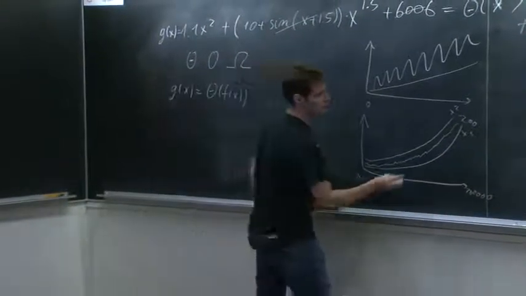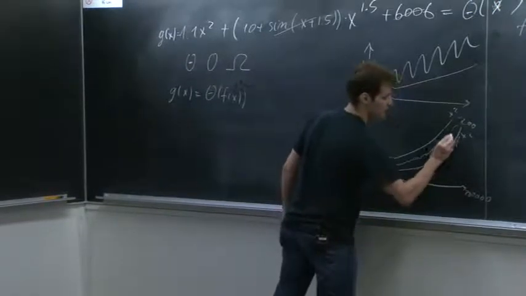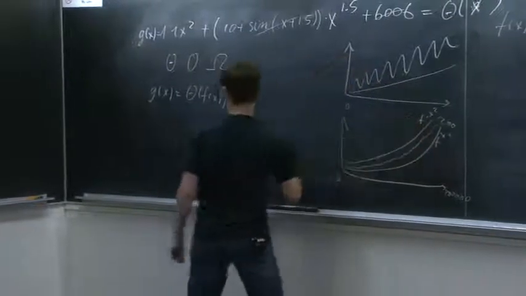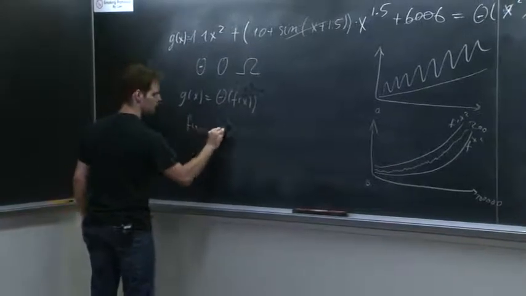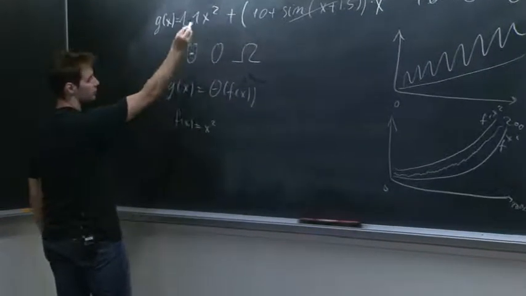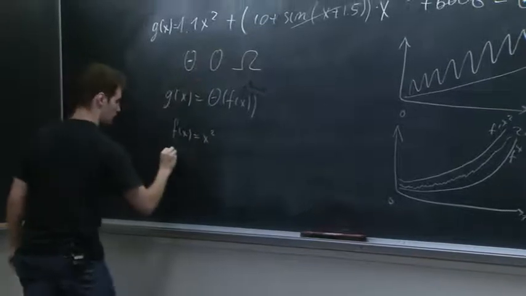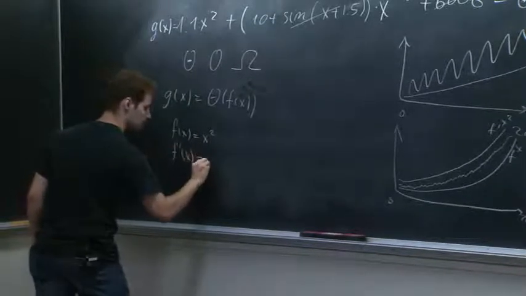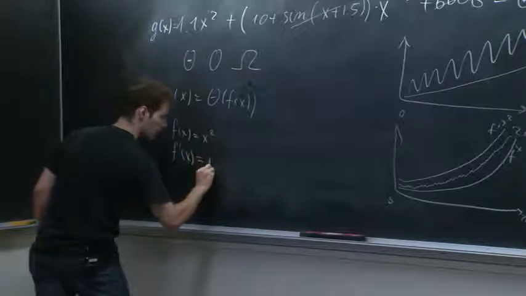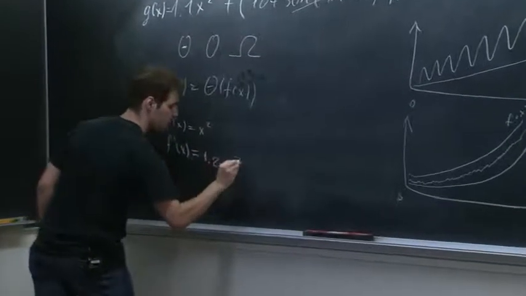So if this is f, and say this is f prime, f of x might be x squared. And we know for sure that this is going to be lower than this. And f prime of x might be 1.2 times x squared.